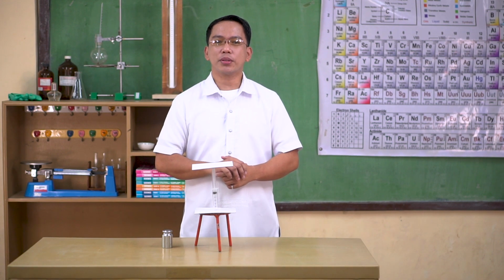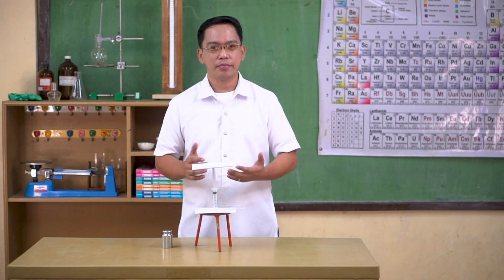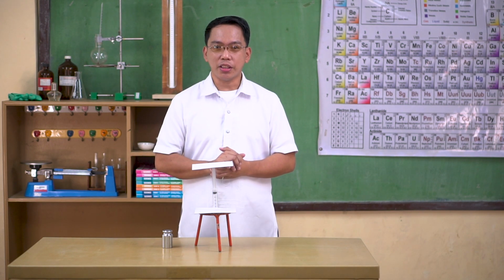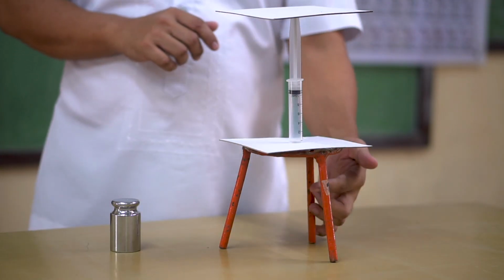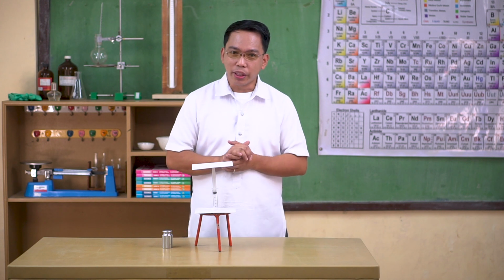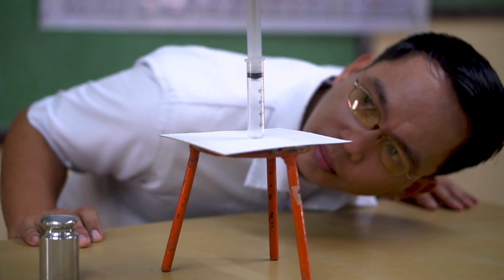Let us now demonstrate the concept of Boyle's law using this setup. In this setup, the other end of the syringe is sealed so that air is trapped inside. Let us look at the reading of the volume of air inside the syringe. Adding a set of weights above the syringe means increasing the pressure applied to it.